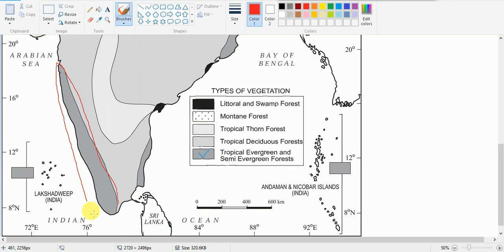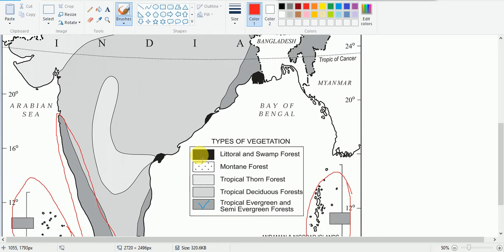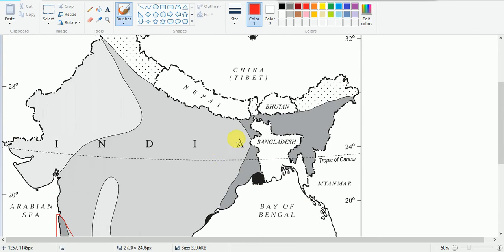Then here we have the Andaman Nicobar Islands, then the Lakshadweep Island Group, and here the hills of Northeast India. So in this region we find tropical evergreen forest.